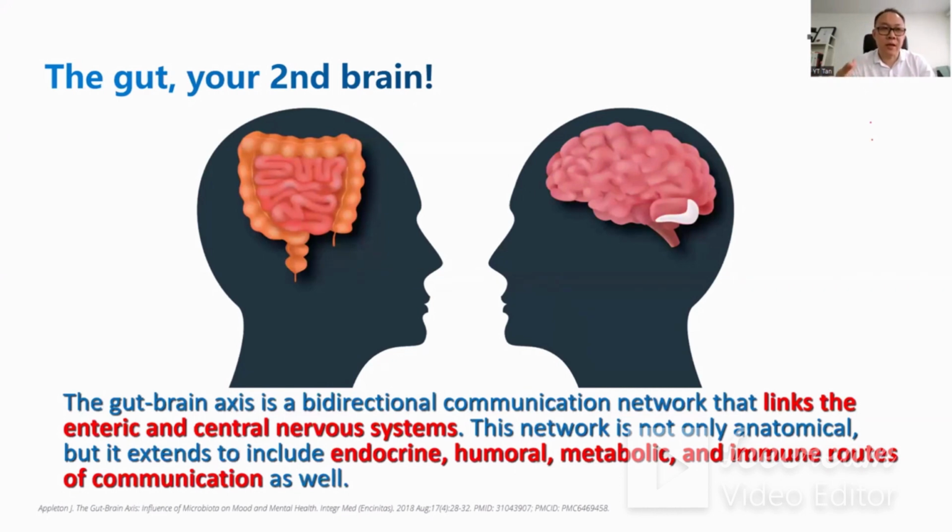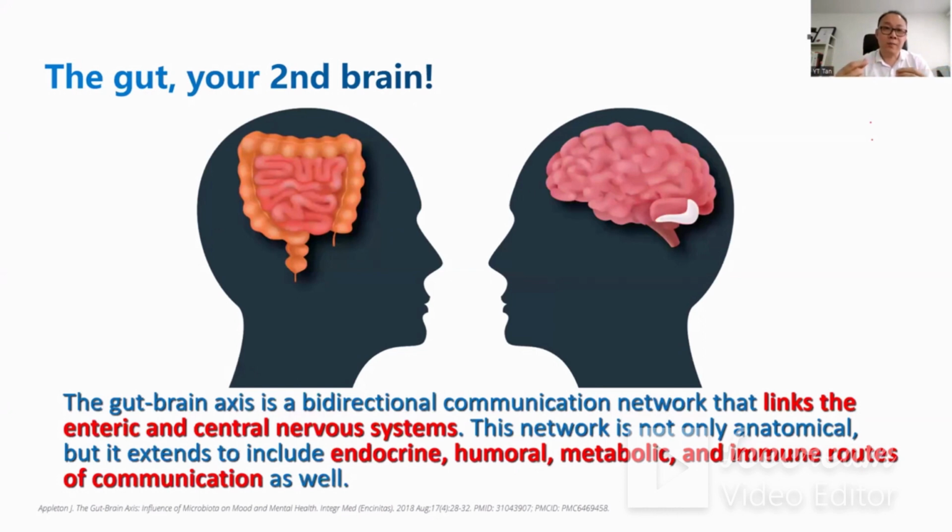The gut actually affects your endocrine, hormonal, metabolic and immune systems, everything. So the gut and brain are talking together. We have about 100 million neurons in our brain, and we have 500 million neurons in our gut, and all these neurons are connecting together.